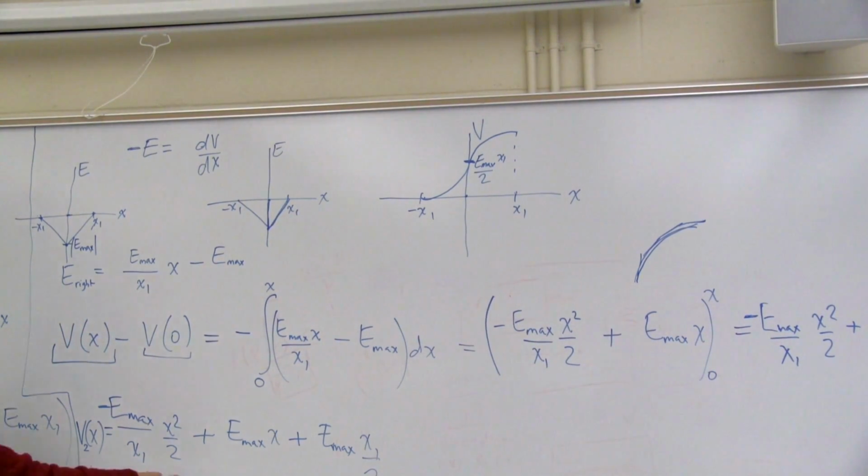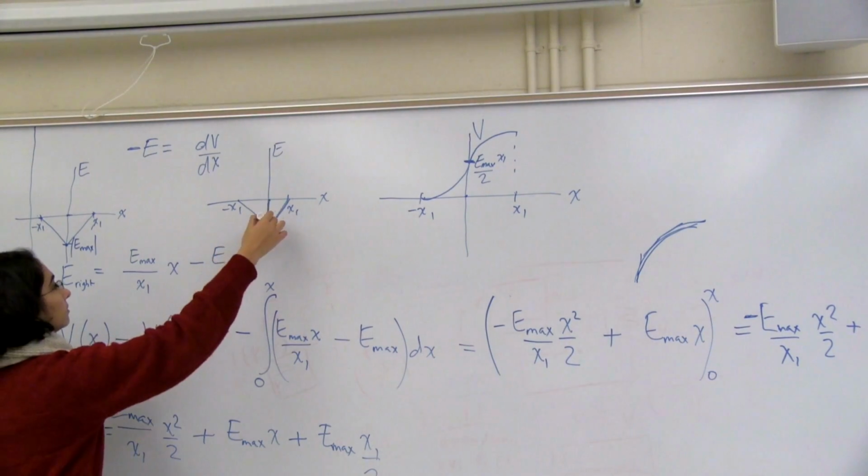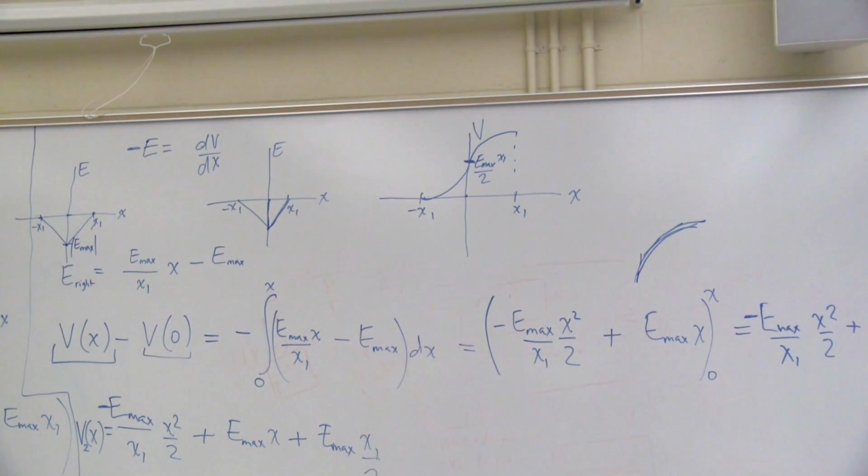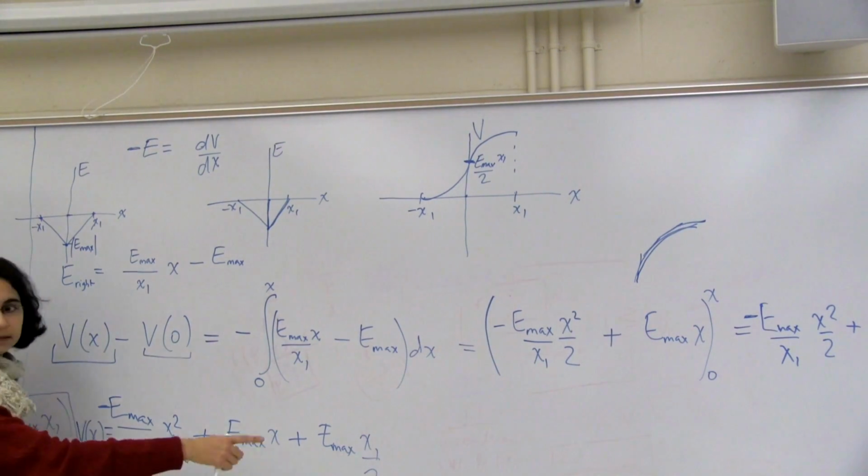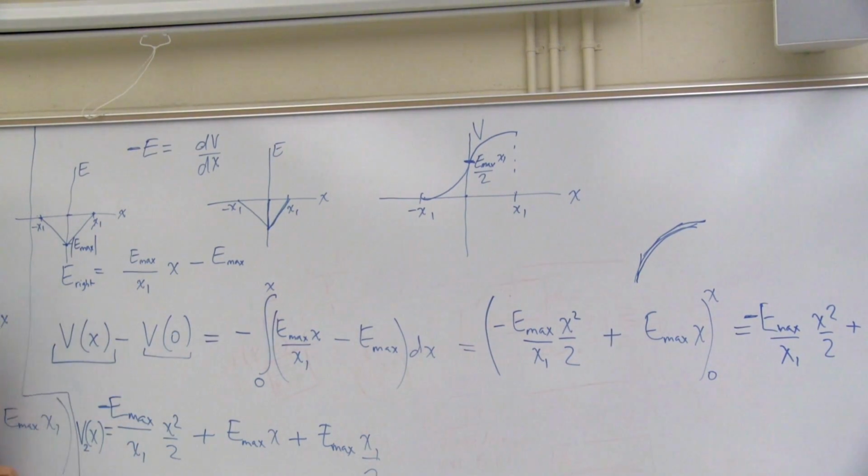So this is an expression for a parabola which has what kind of curvature? We are looking at this part. Do people know how to tell the curvature from an expression like that for parabolas? No? Yes. How would you do that?